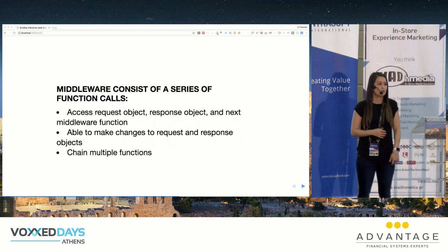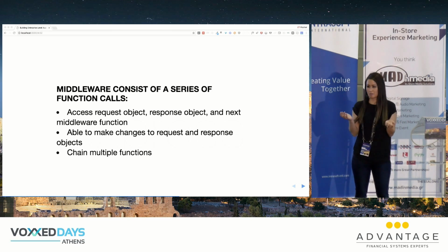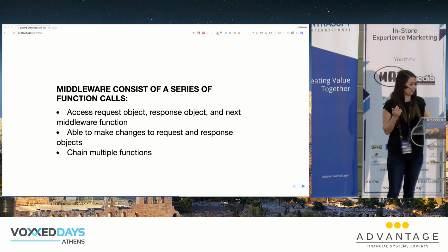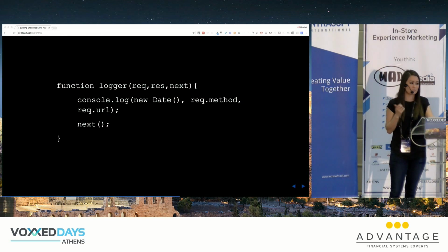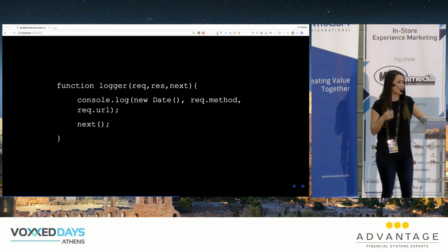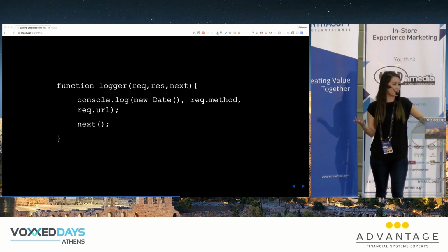If you need multiple functions, you could do however many you want in your middleware. So this would be an example of your middleware. This is just one function, but you have your request, your response object, and then next. This one's really easy. It just console.logs your date, whatever method came from your request, and the URL, and then it'll go to your next function.